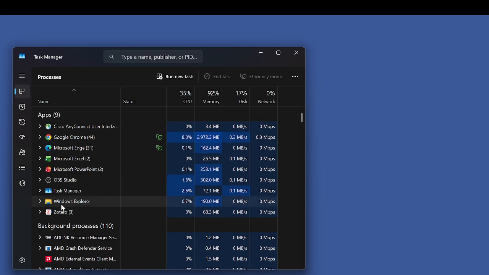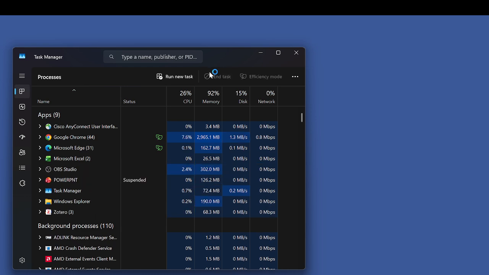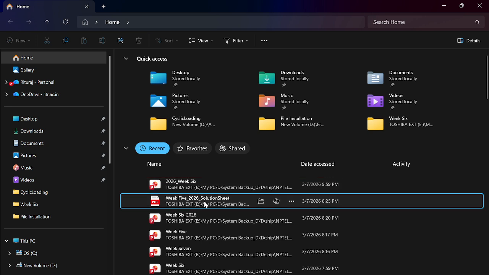Okay, it got hung again. Let me explain it through my solution sheet only in this case.